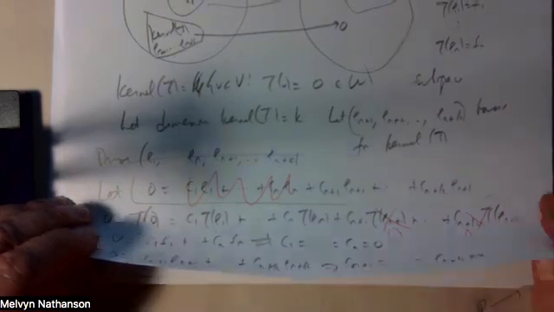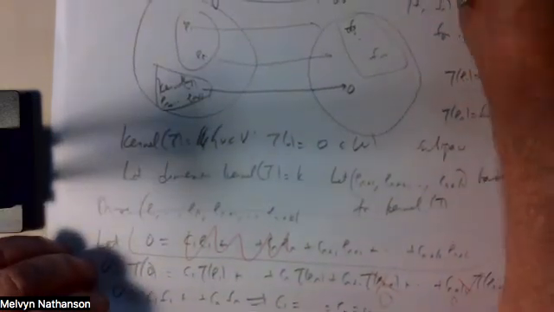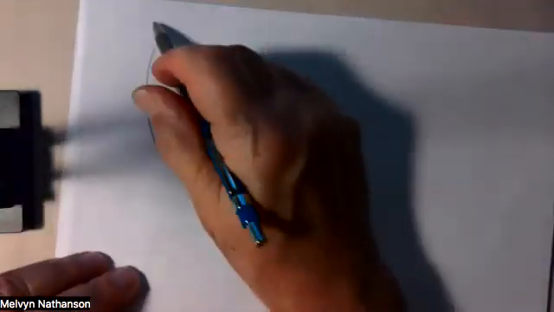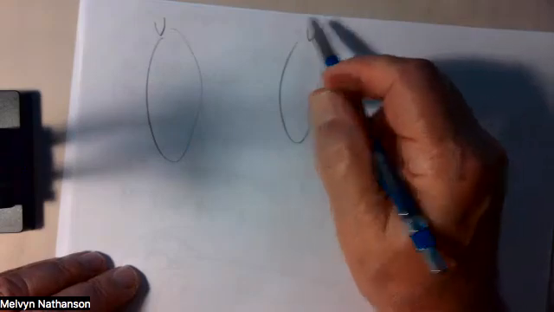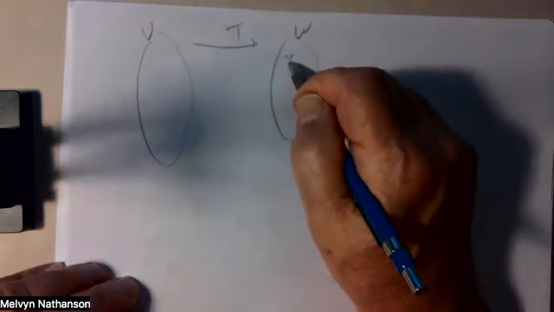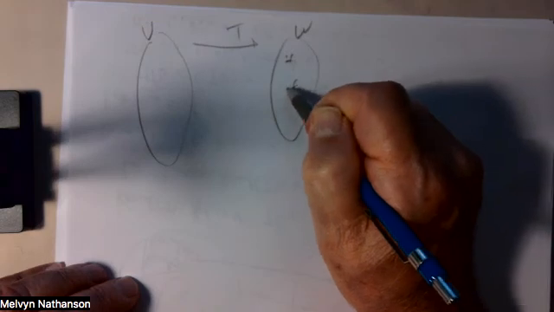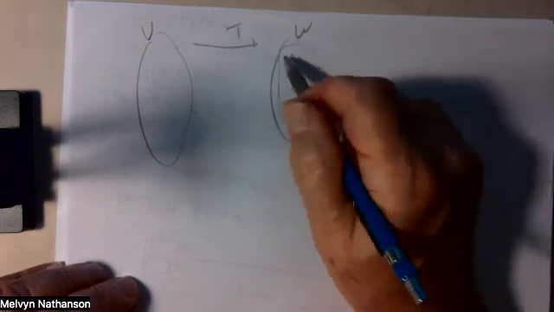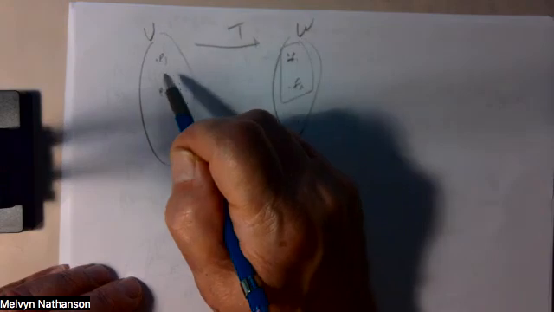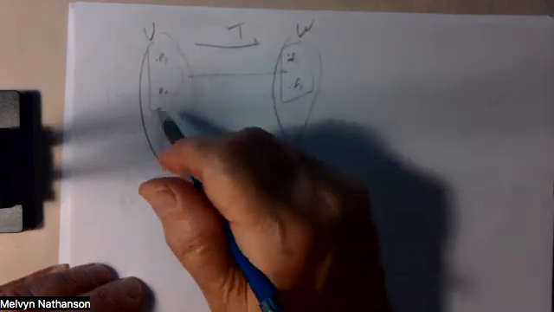So what I've constructed is very nice. Here's V, here's W, here's this linear transformation T. I have F1 to FR, which is the basis for the image. I have E1 up to ER; these vectors go respectively to these.